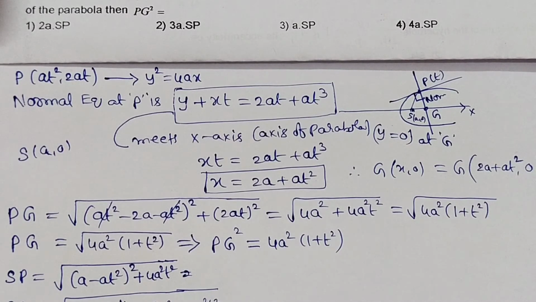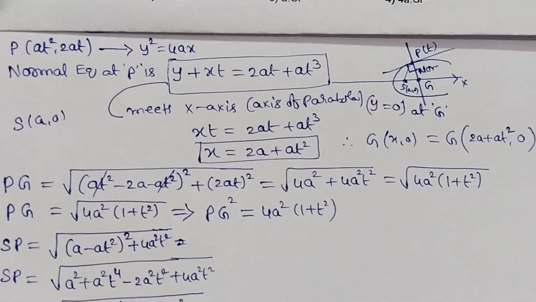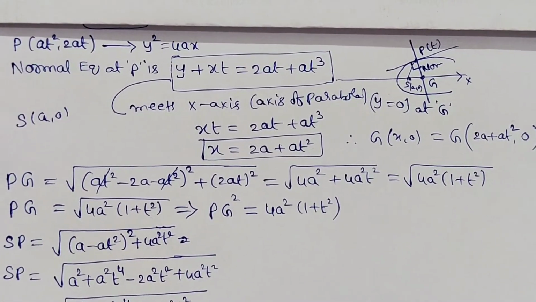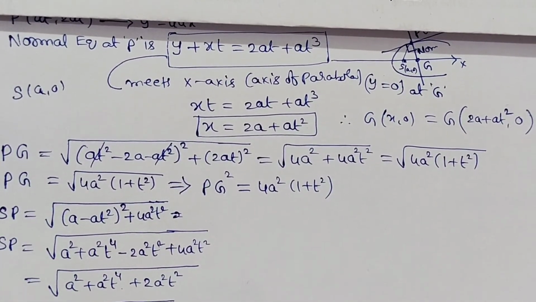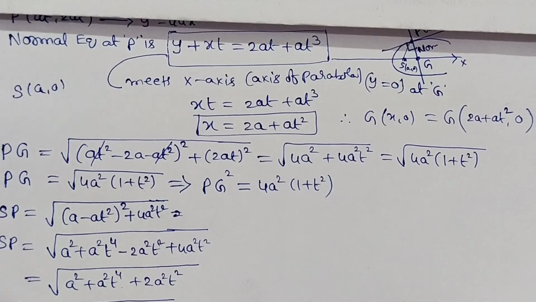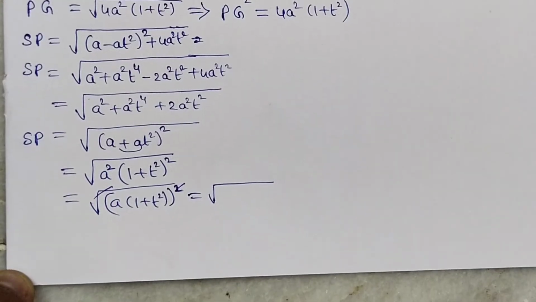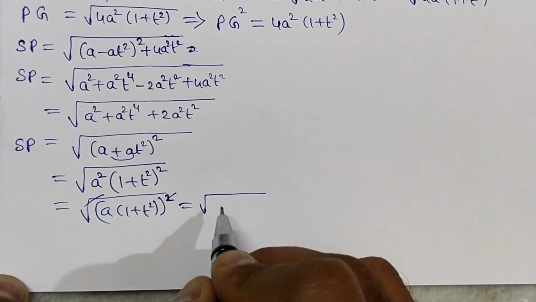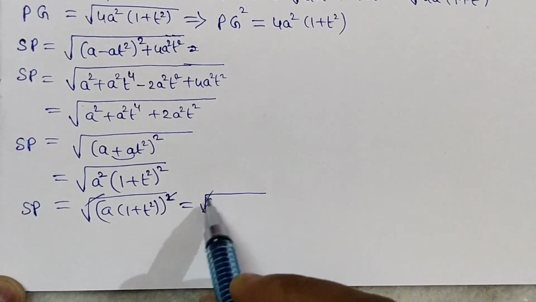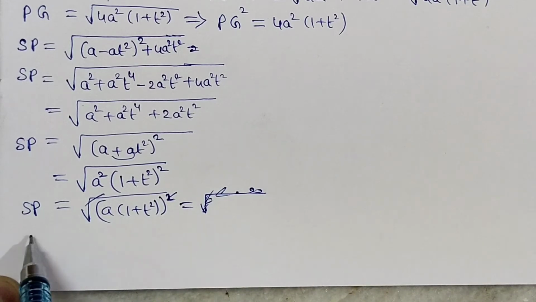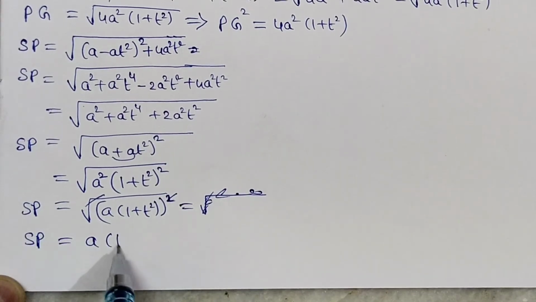The square and root cancel, so we get a into (1 plus t²). So SP is equal to a into (1 plus t²).